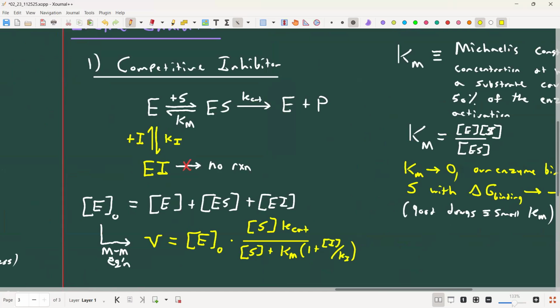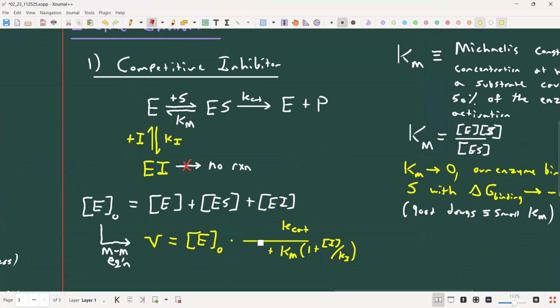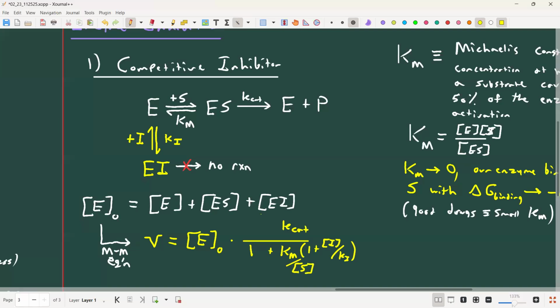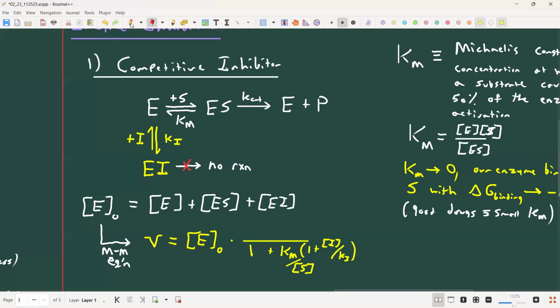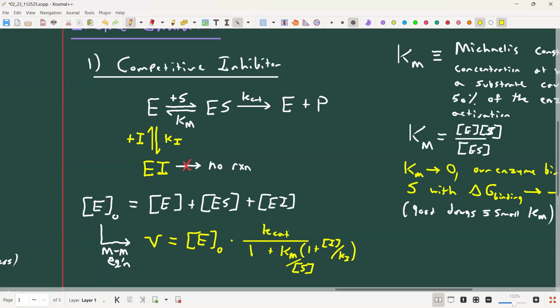We have some S's here that we can divide by, so we can clean that up. This becomes a 1, and then we have a Km for S here. That looks exactly like what we had before: E naught times K cat divided by 1 plus the binding constant, which is how strongly the complex forms, divided by the concentration of the substrate.